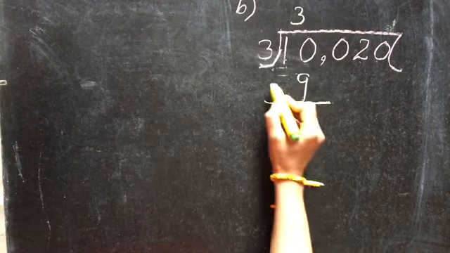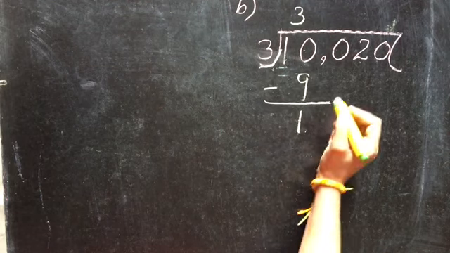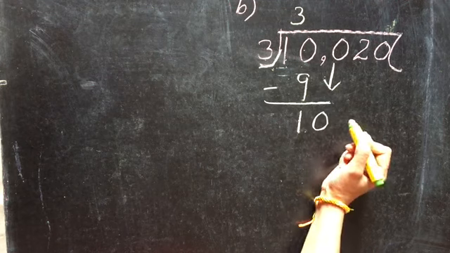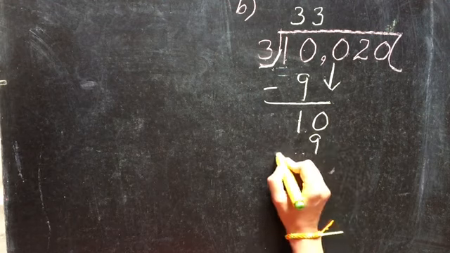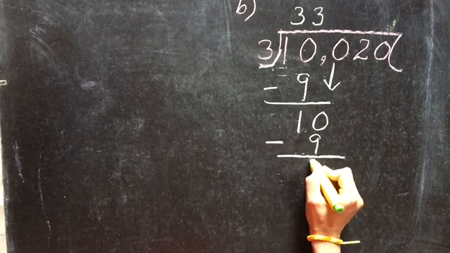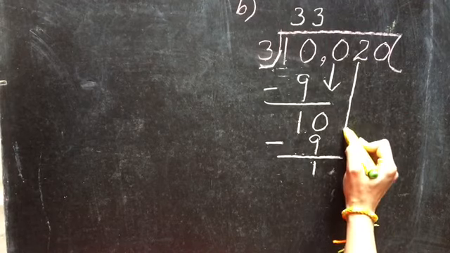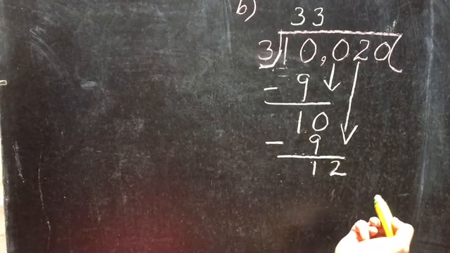So then subtract it. 10 minus 9 is 1. This 0 will go down, again 10. So 3 3s are 9, subtract, 1, fine.